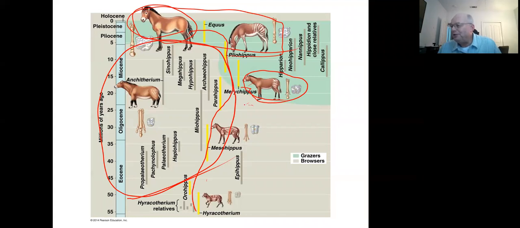That's not the trend. These were just the species that happened to have the features that were favored at this point in time. Right place, right time. Wrong place, wrong time. That's what we need to bear in mind.